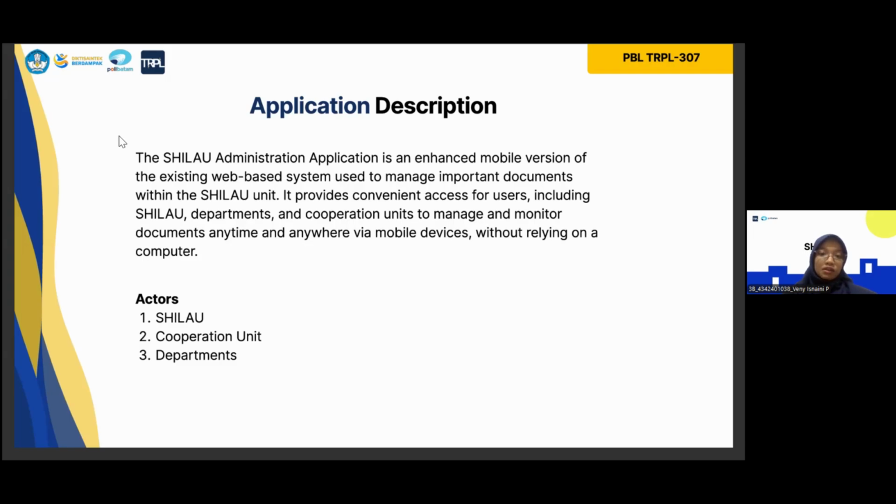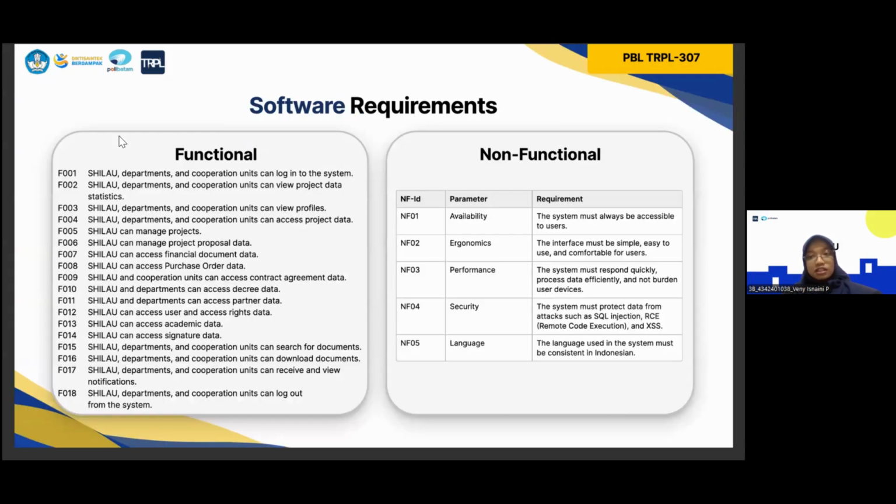It provides convenient access for users, including Silo departments and cooperation units, to manage and monitor documents anytime and anywhere via mobile devices without relying on a computer. This application has three actors. They are Silo, Cooperation Unit, and departments. Next, we'll explain by Zico.